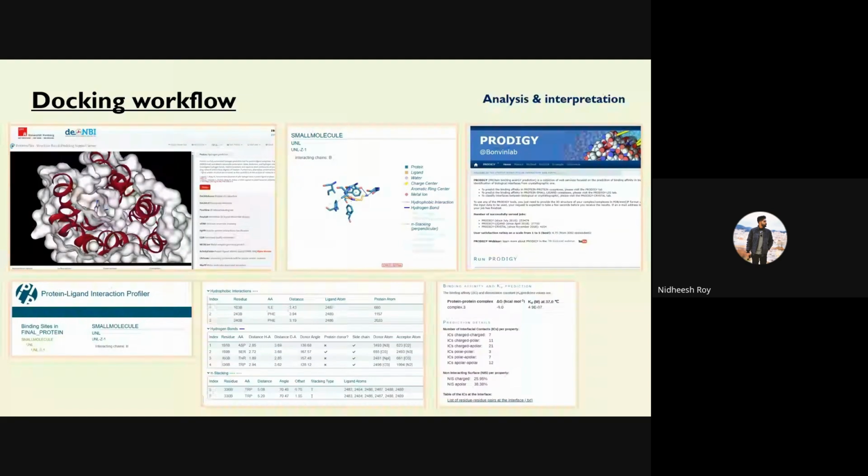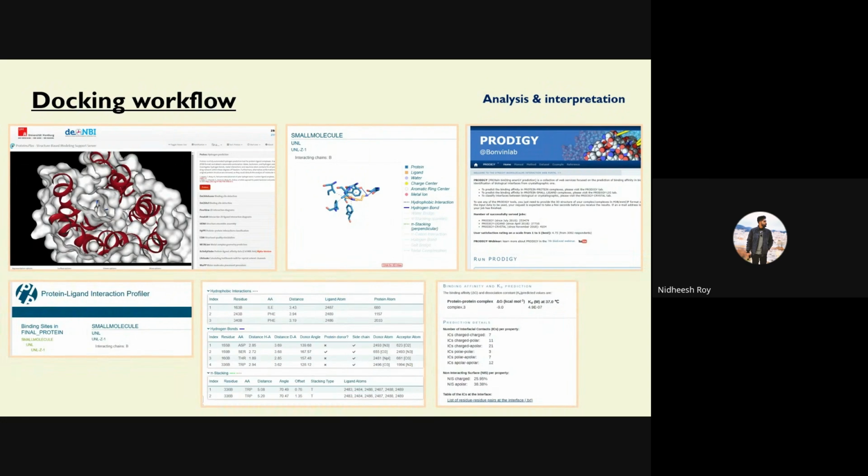You can Google them or look at the slide to find out which websites they are, and understand how they work. One is Proteins Plus, another is the Protein-Ligand Interaction Profiler, and another is Prodigy. You can go to those websites and understand what molecules you have to upload and what molecules you have to add to get such complex results.